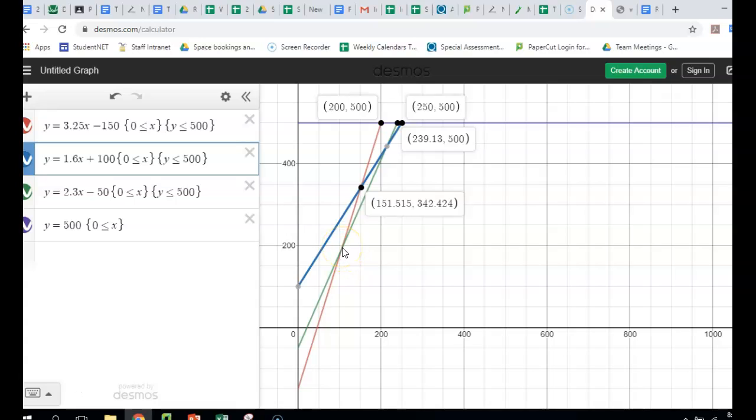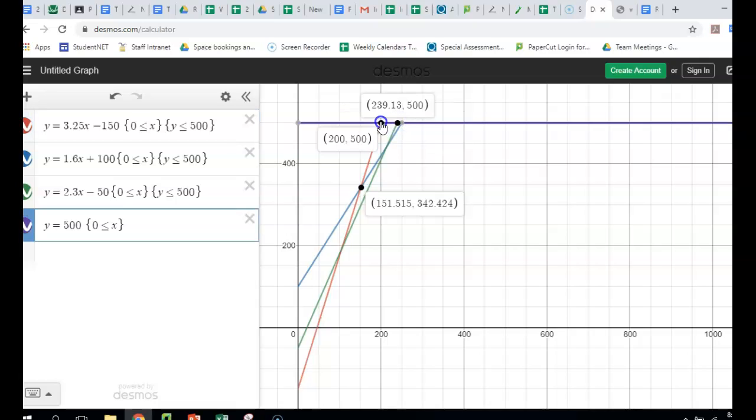We've got a cross over there, a cross over there, and a cross over there. If they won't stick, just write them down. It's a good idea to find out where your intersection places are, and certainly find out what your finishing times were on this graph.